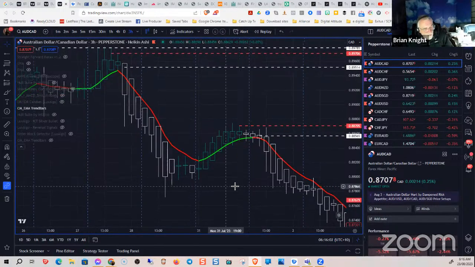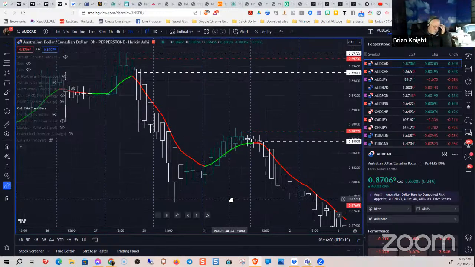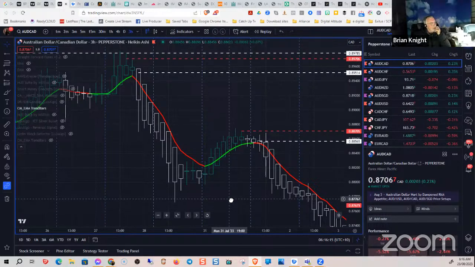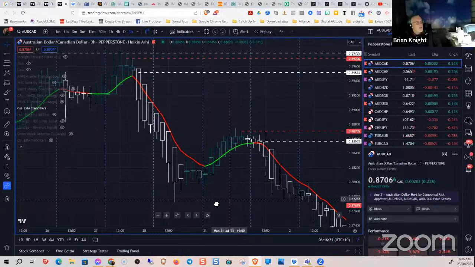But that depends on what the overall trend is, maybe on the daily or weekly or whatever higher time frame. Again, I still follow the same rules, look in the higher time frames, that kind of thing. Which one was it you said I would be in? I think it's AUD CAD.